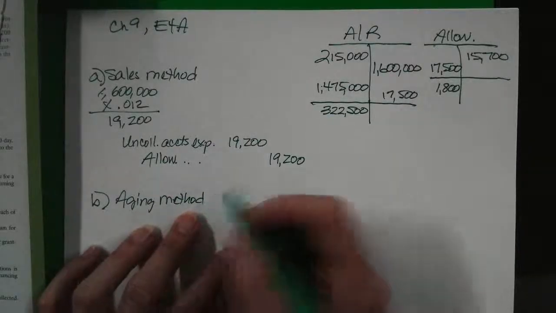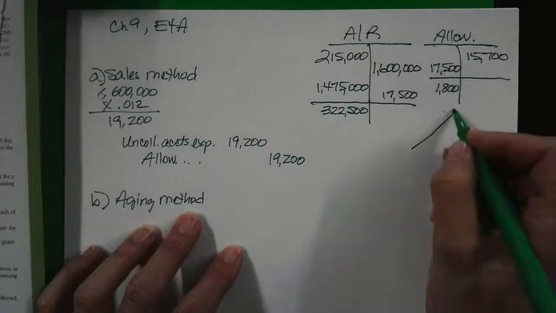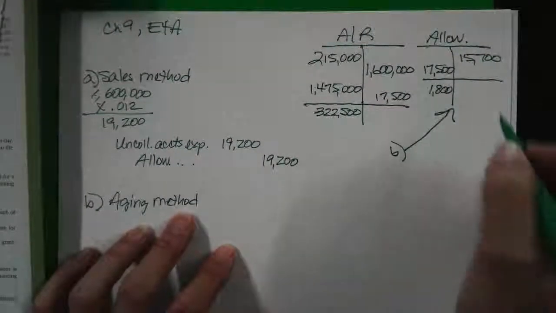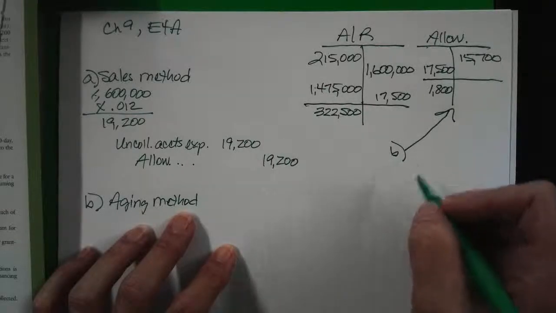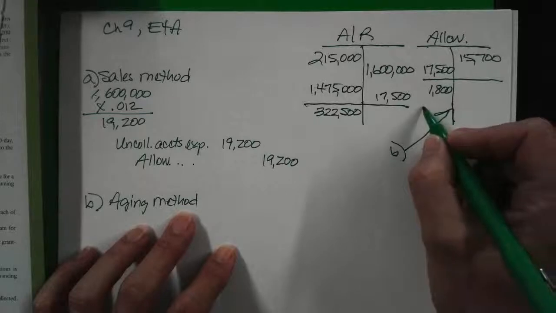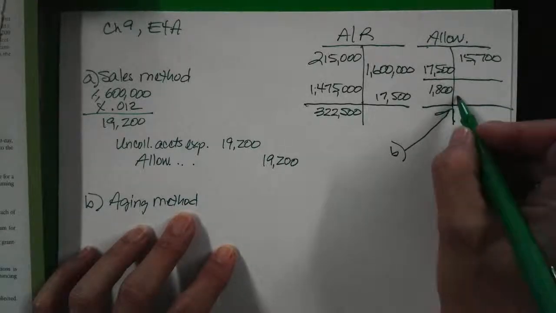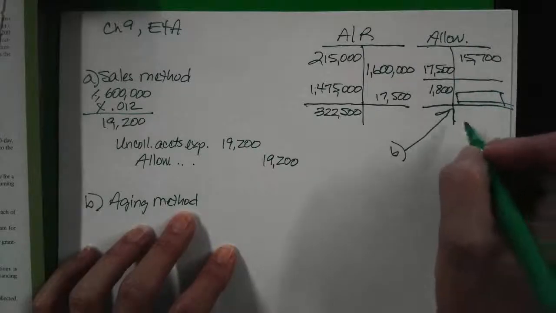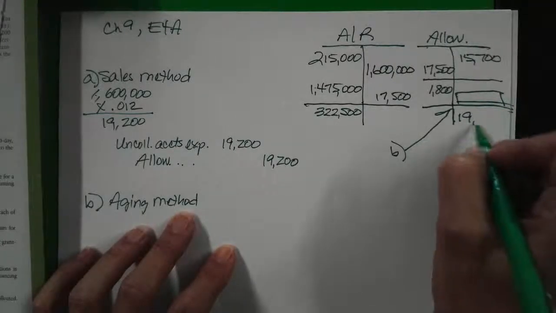In this situation, I'm going to have to use the allowance. So this is for part B. I didn't have to use the allowance for part A. But for part B, I am going to have to find a number that will get my aging to 19,350.